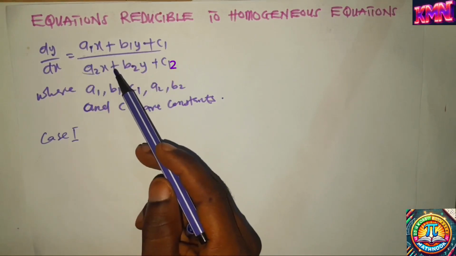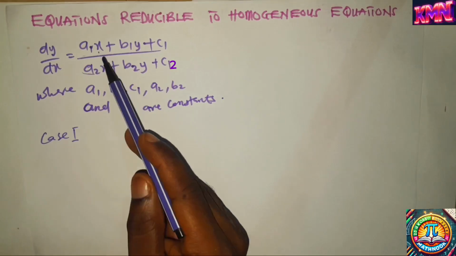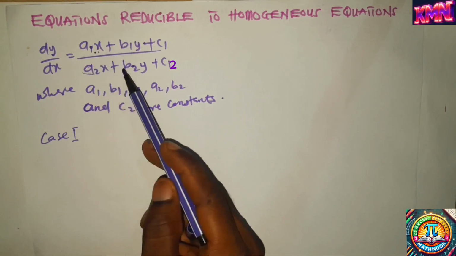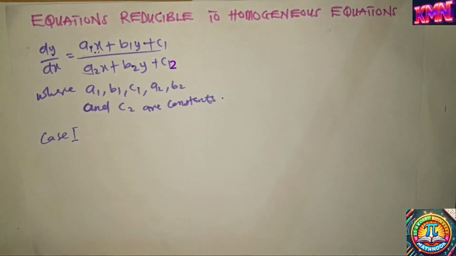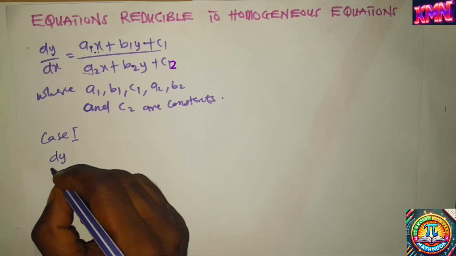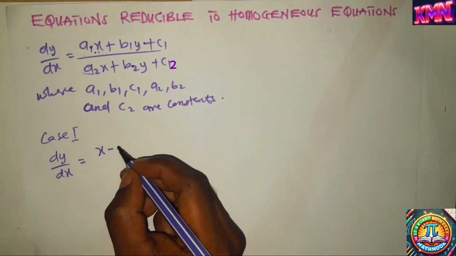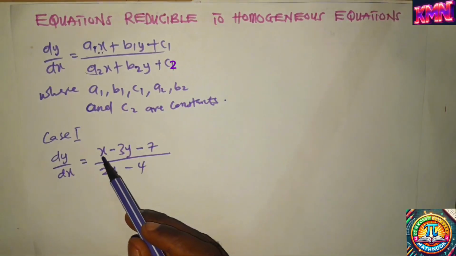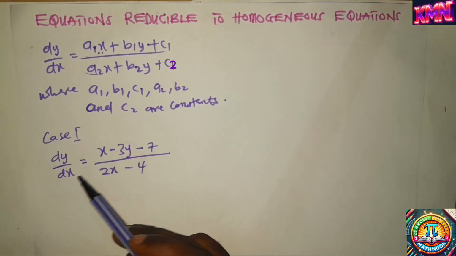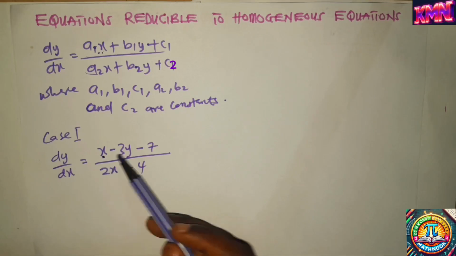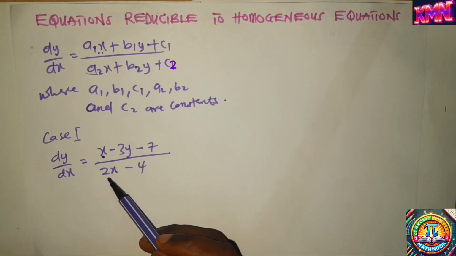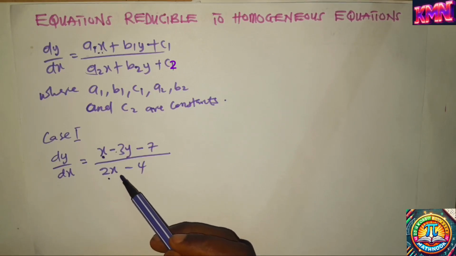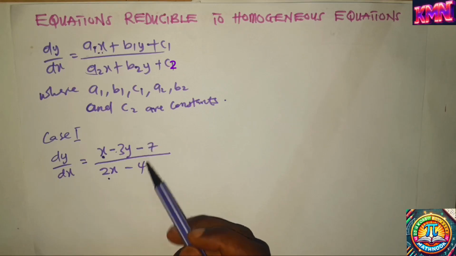In that case, there is no common factor between the coefficients of x and y in the numerator and denominator. An example of such an equation is dy/dx equals... When you consider this, you can see clearly that everything here is distinct. The coefficient of x in the numerator is 1, in the denominator it is 2, the coefficient of y in the numerator is -3, in the denominator it is 0, and then the constant is different.